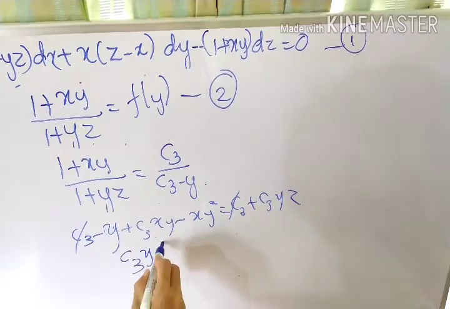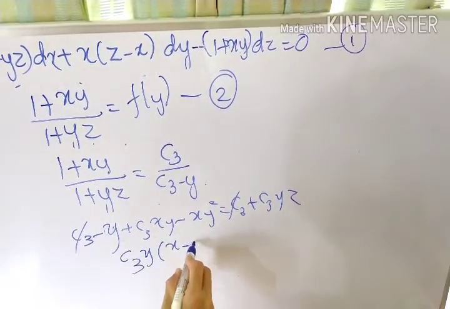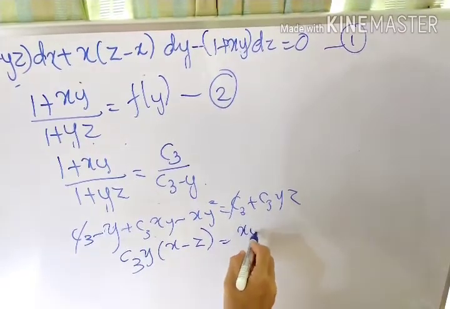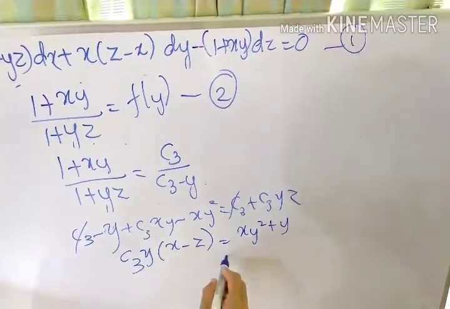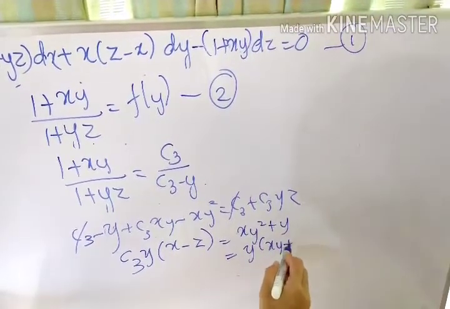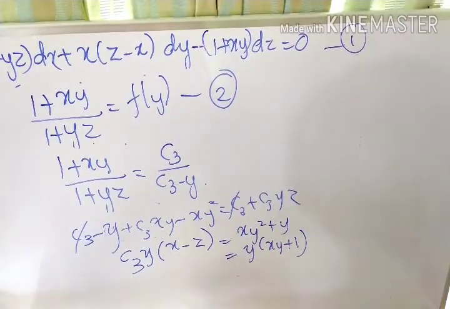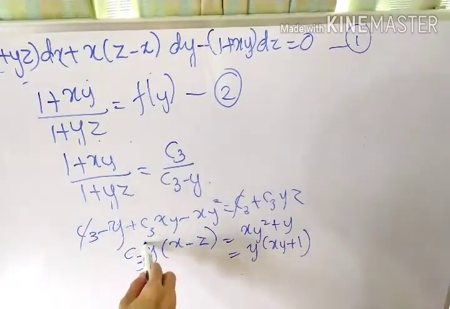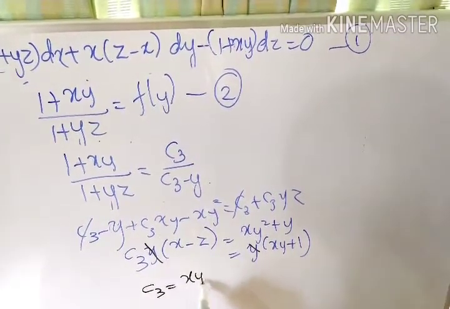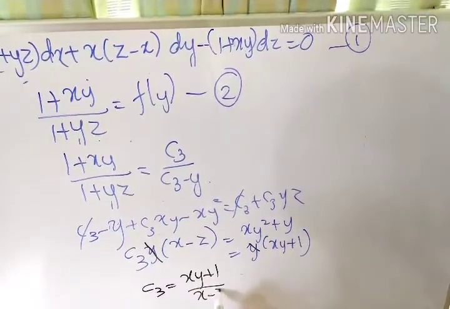C3y is common, x minus z is equal to xy square plus y, which is equal to xy plus 1. Okay, so I am having a y over here in both sides. Let me cancel those. What remains is c3 is equal to xy plus 1 by x minus z. So this will be our final answer.